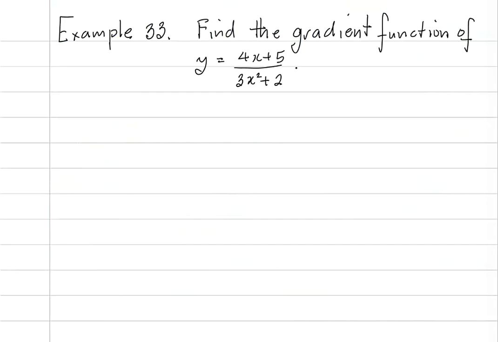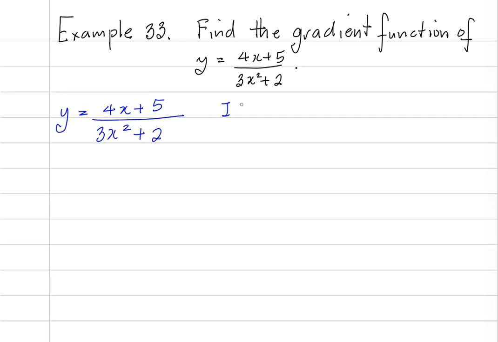Here again we're differentiating a quotient. We're to find the gradient function, and the gradient function is the first derivative. So we have y is equal to 4x plus 5 all over 3x squared plus 2.